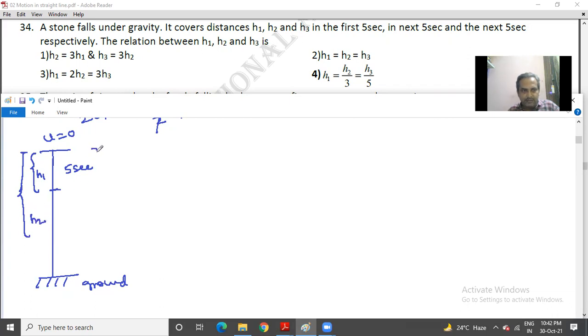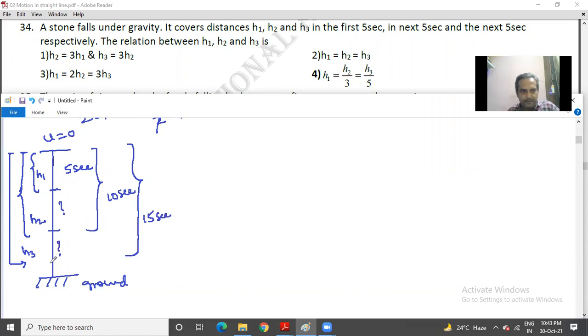Next 5 seconds means from the beginning the time is 10 seconds, so you need to find out this gap. Similarly, H3: the body may continue to move, so let me say this is H3. From the beginning it will be 15 seconds, but you need to find out this gap.